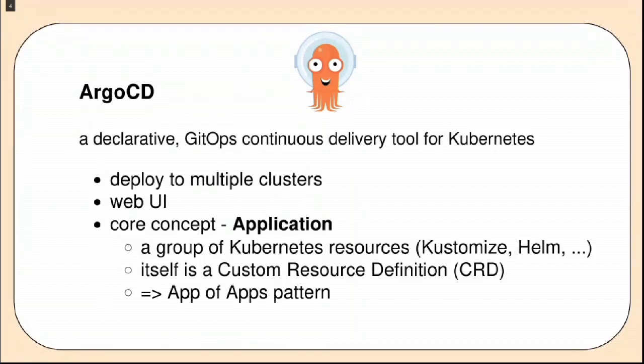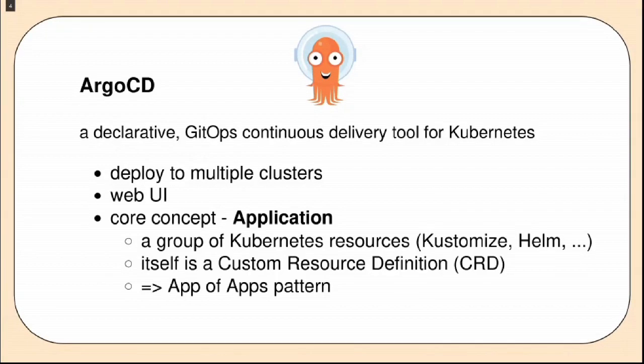The interesting thing is that the application itself is a custom resource definition, so an application can contain other applications. This pattern is called app of apps, and we will see how useful it can be when we talk about our structure. So let's move on.